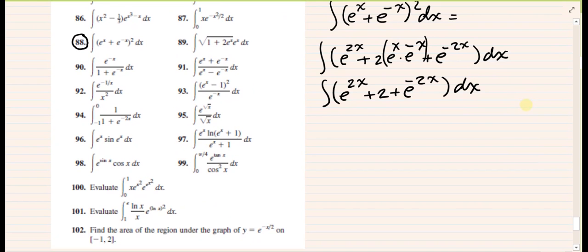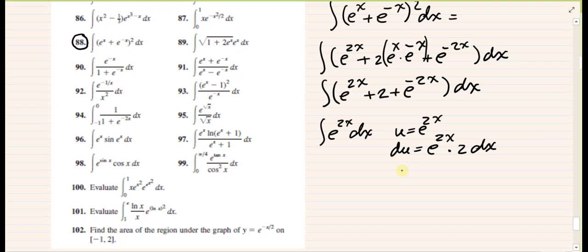So the integral of e to 2x, just to show you that one, we can let u be e to 2x, so du is going to be the derivative of e to 2x, which is itself times chain rule, the derivative of 2x is 2, then dx. So we can write du divided by 2 is equal to e to 2x dx.